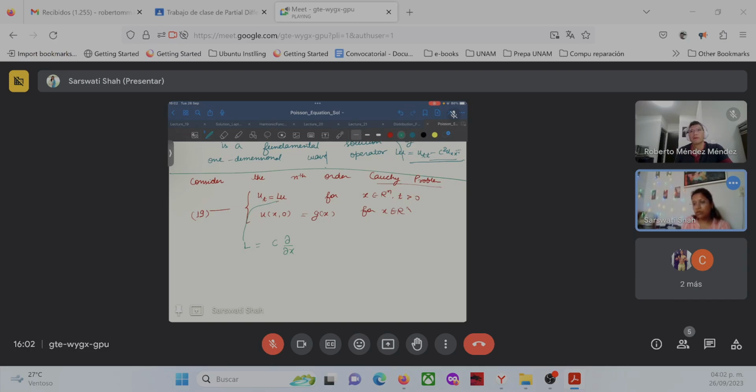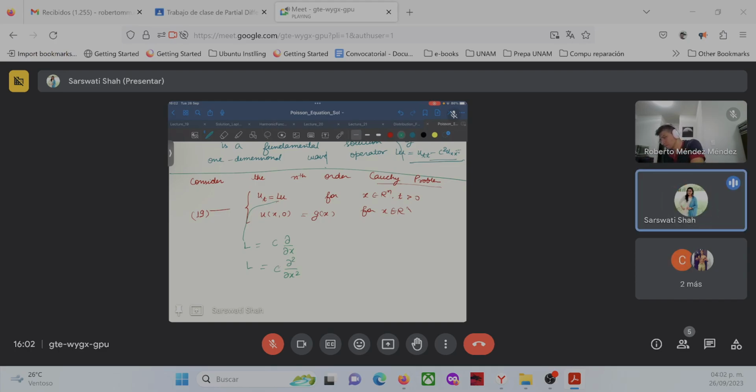Transport equation, I think. Exactly. So if this L is C del over del X, then it is a transport equation. However, if this L is C del 2 over del X square, then it is the heat equation, I think. Yeah, the heat equation.